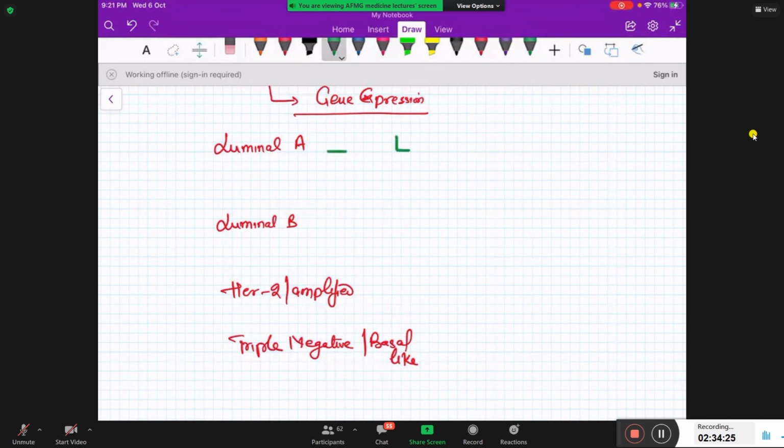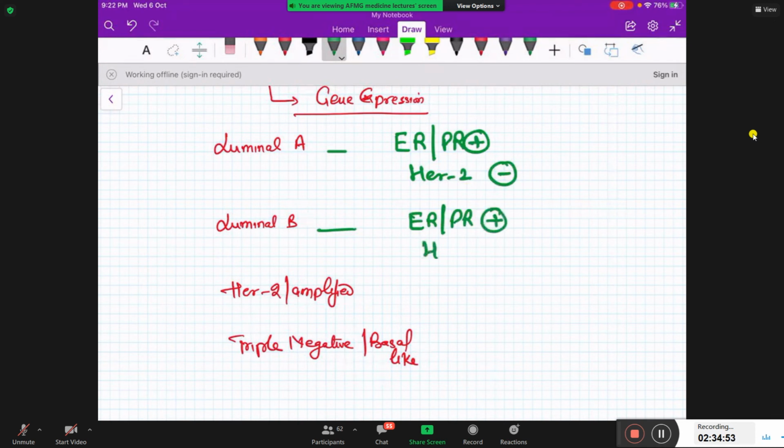Luminal A is ER, PR positive, but HER2 negative. Luminal B is ER, PR positive, and HER2 also positive.